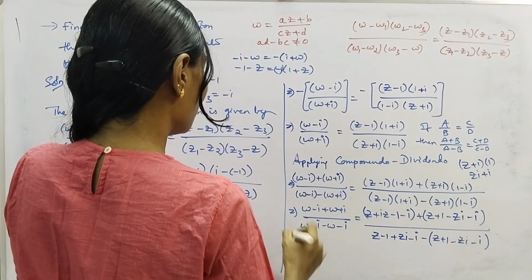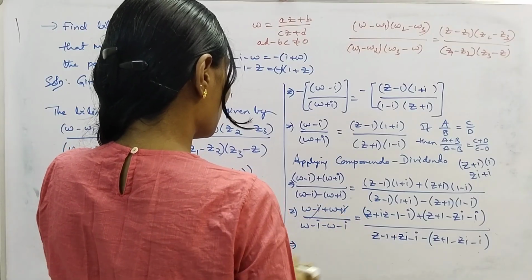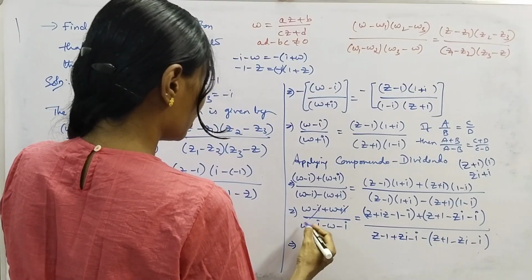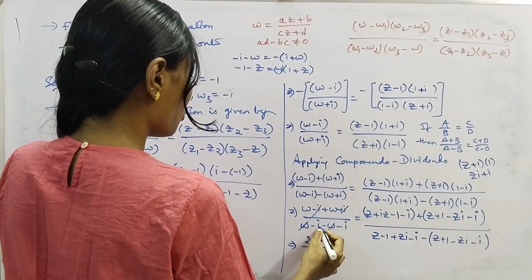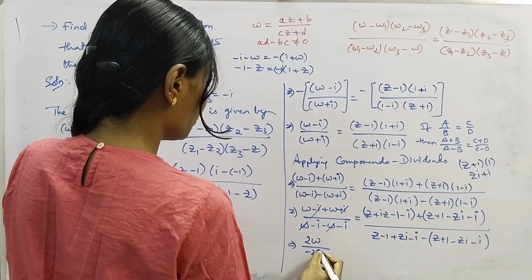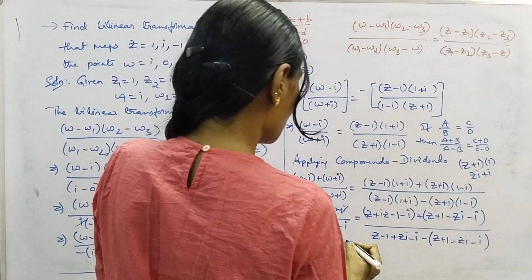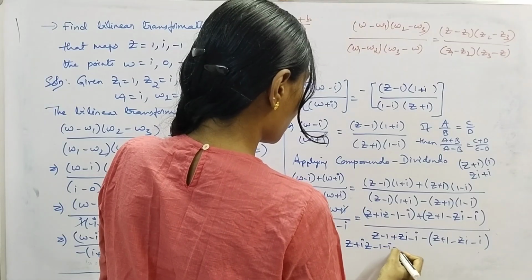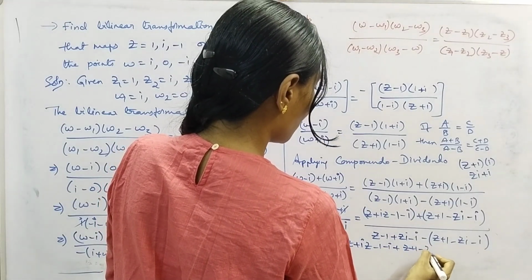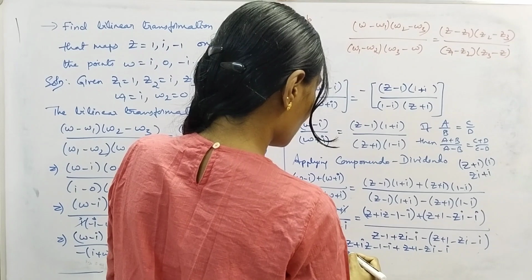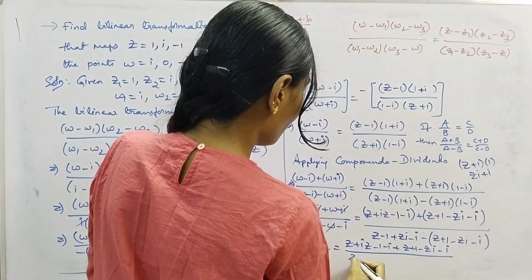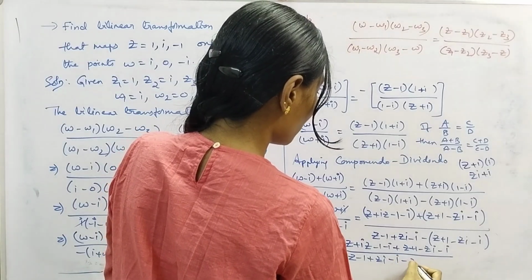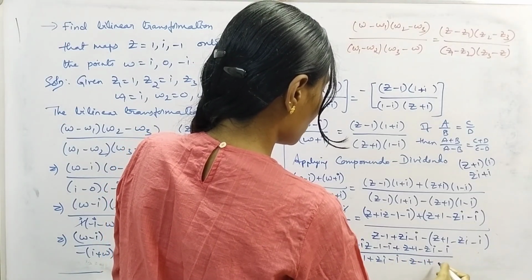It's not complicated, you just need to focus. Cancel out minus I plus I, you'll get 2 omega by, here omega gets cancelled and you'll get minus I, that is minus 2I, equal to z plus iz minus 1 minus I plus z plus 1 minus zi minus I by z minus 1 plus zi minus I minus z minus 1 plus zi.